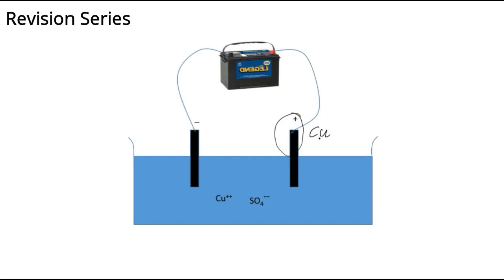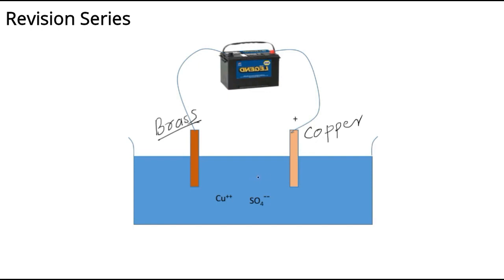Let us take copper as the positive electrode, so we shall replace this by copper, and then some other metal, let's say we'll take brass. So we have taken a brass here and a copper here. You can take another metal also in this place, right?